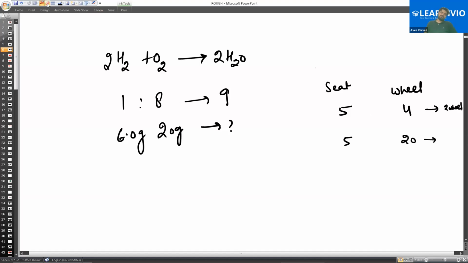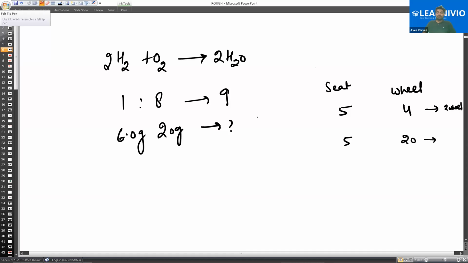Yes, Sarah, your answer may be correct. Sir, 10 cycles? For 10 cycles, we have only 5 seats. How can you make 10?